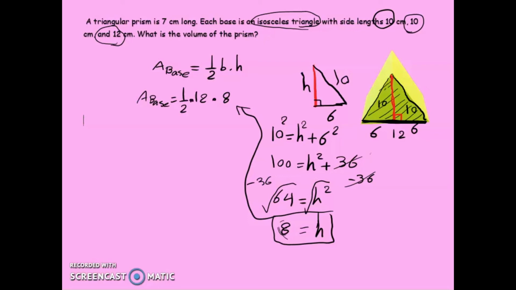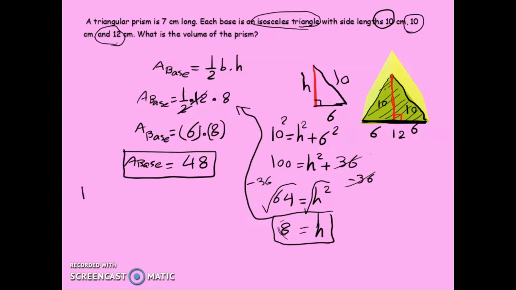If you simplify, half of 12 is 6, times 8, and therefore the area of the base is 48.